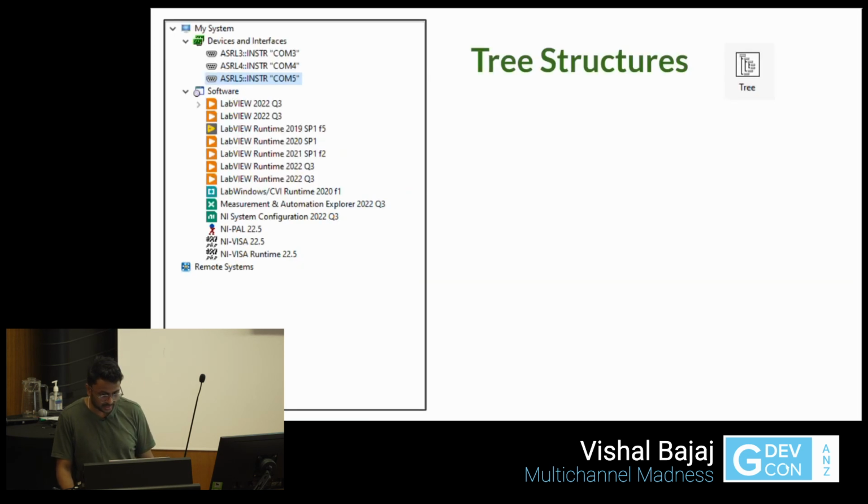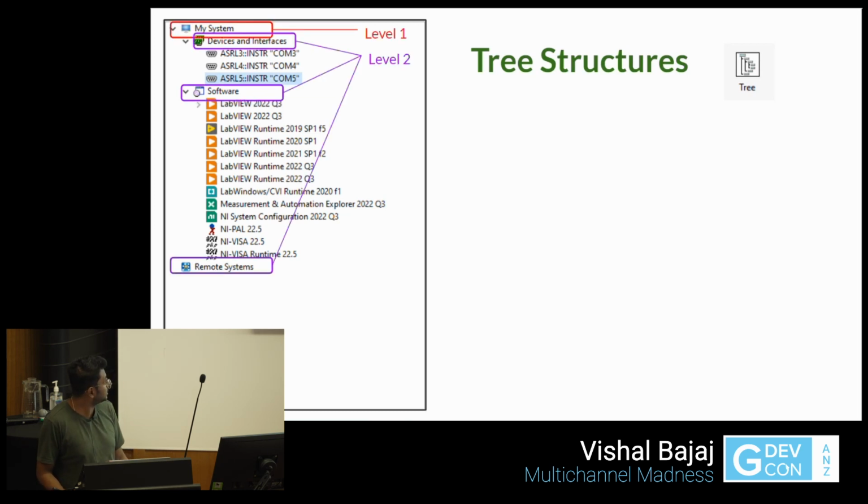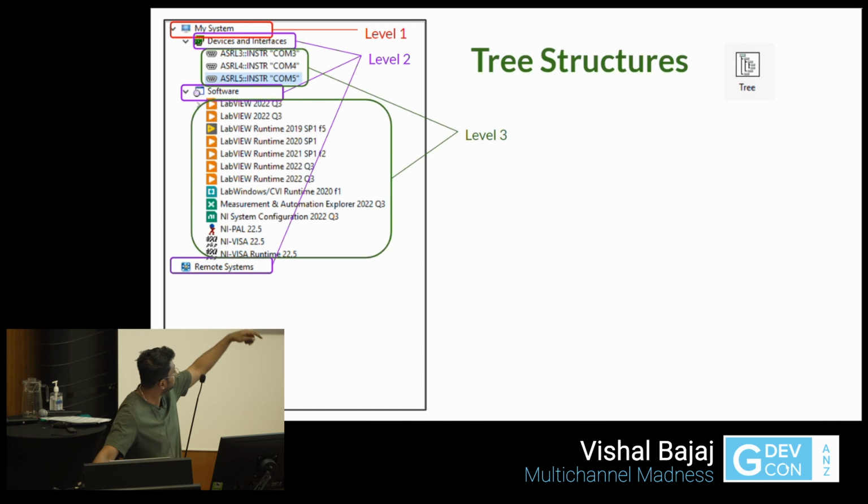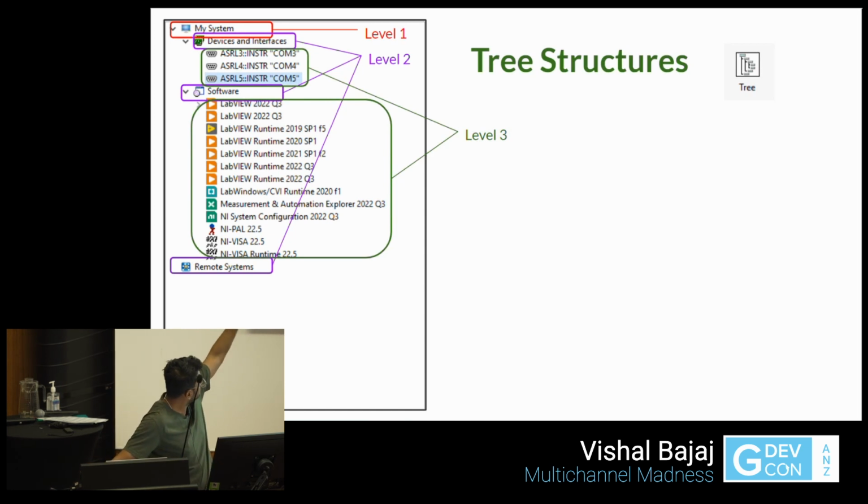Now, let's look at some of the features of the tree structure and get an understanding of what we want to achieve with a configuration editor. The first thing we can notice in a tree structure is that it is hierarchical. Now, in this tree structure I have here, we can see there are 3 levels of hierarchy, where you have My System, which is the top level.